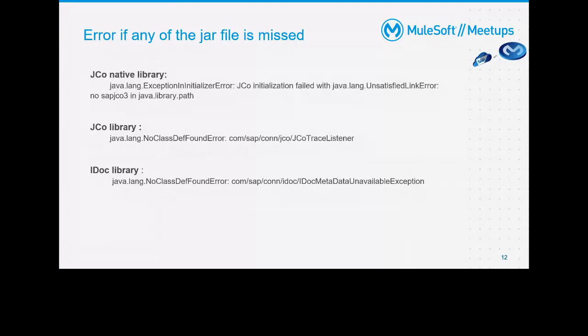This will also come if you give an incorrect SAP JCo which is not as per the operating system. If you miss the JCo library, you will get a no class definition found and no JCo trace listener. If you miss the IDoc library, you will get an IDoc metadata unavailable exception. Based on these errors, we can figure out what we have missed and we can add it.